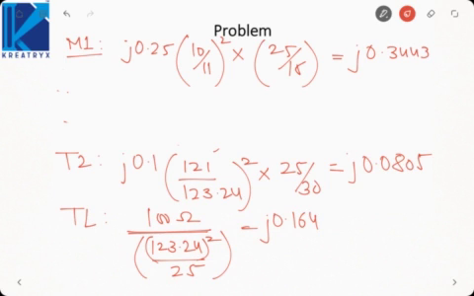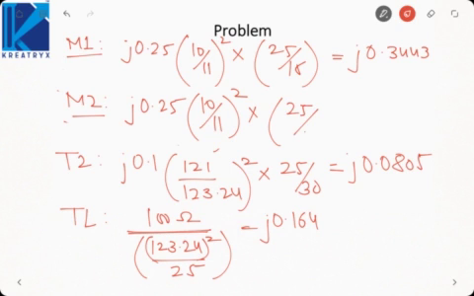J0.3443. For motor number 2, the pu impedance is the same and the voltage rating is also the same. Just the MVA given to me is 7.5, so it will be double of this, that is J0.6887. Why double? Because the denominator is halved.